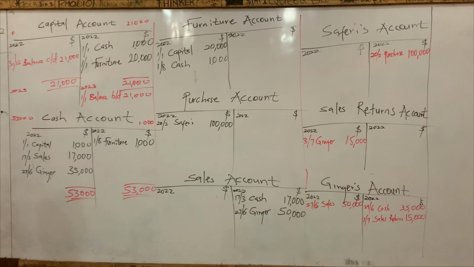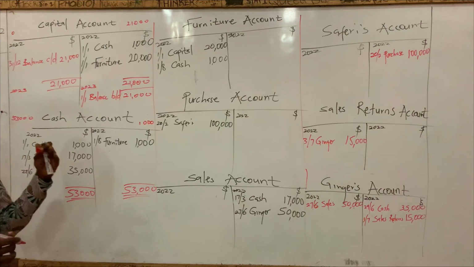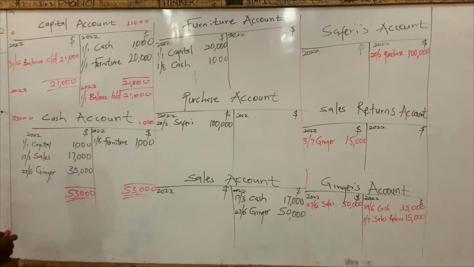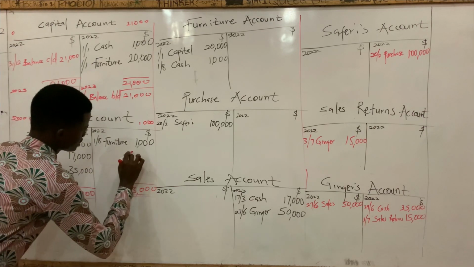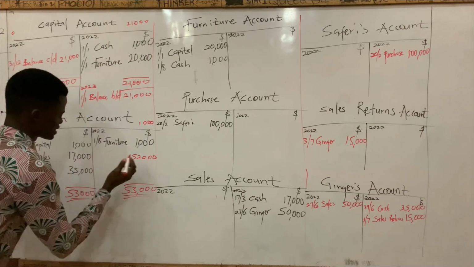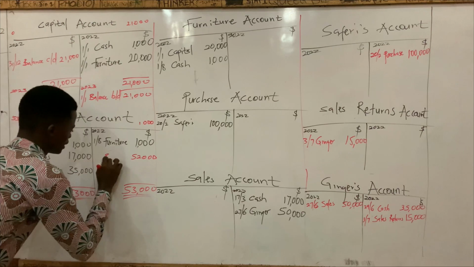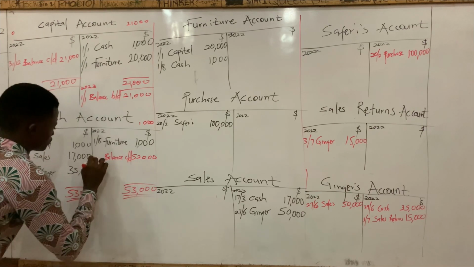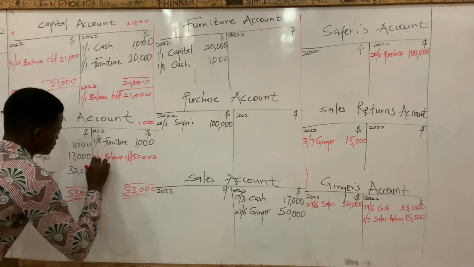After this, we are to find the difference between these two totals, and the difference will be inserted on the side with a shortage, which is the credit side in this case, and the difference will be named as balance carried down. So the difference is $52,000 on the side with a shortage, and it will be called balance C/D on 31st December.